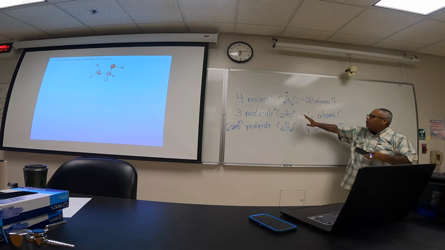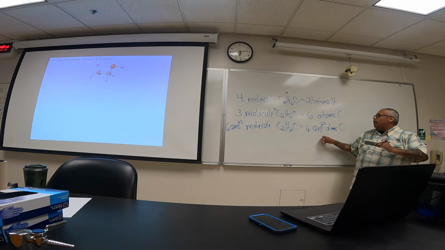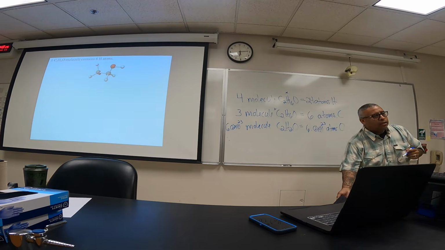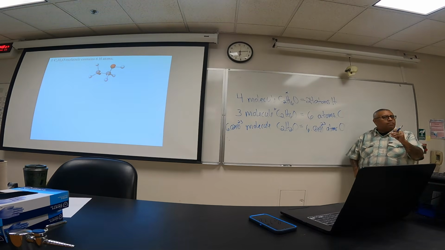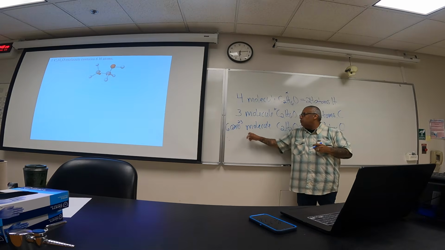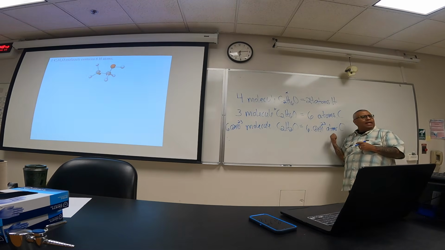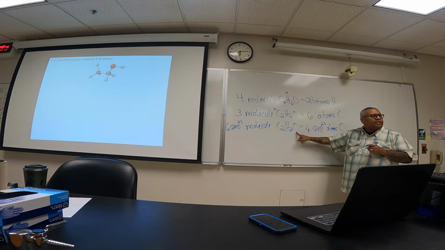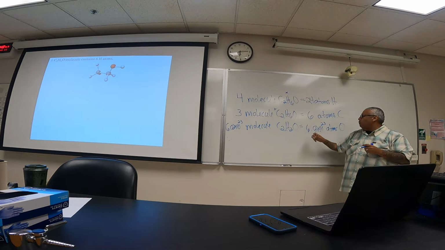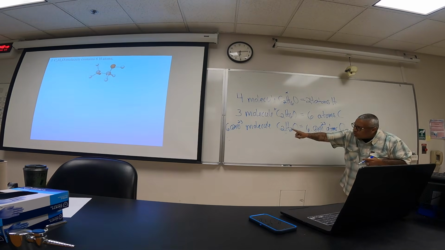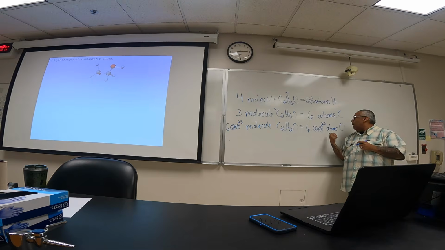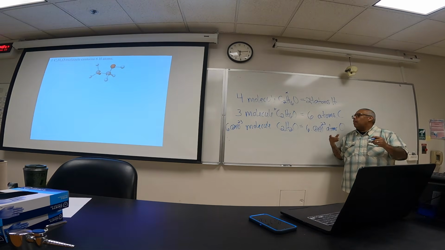Right? I don't want to go any further than that, but I want to make a connection here with the next concept that we're learning. If I had 10 of these, I got 10 atoms, because there's only 1 in each one. If I had 100, I would have 100 atoms. If I have 6.02 times 10 to the 23 of them, it makes sense that I have 6.02 times 10 to the 23 atoms of oxygen.